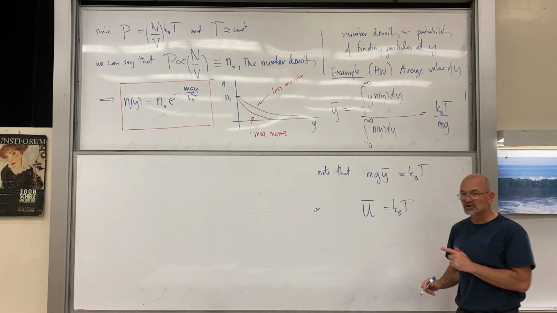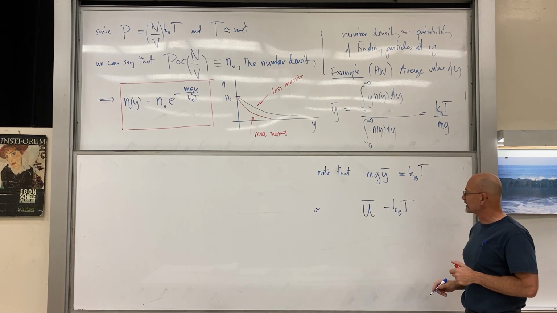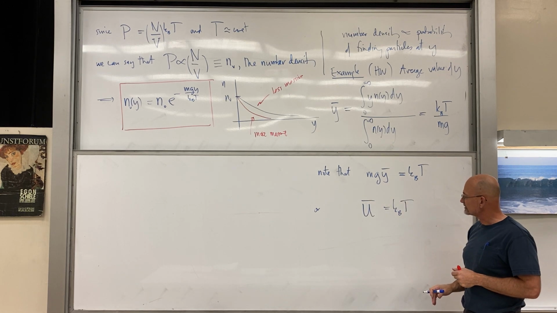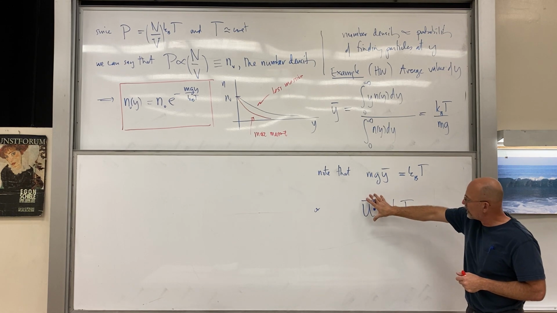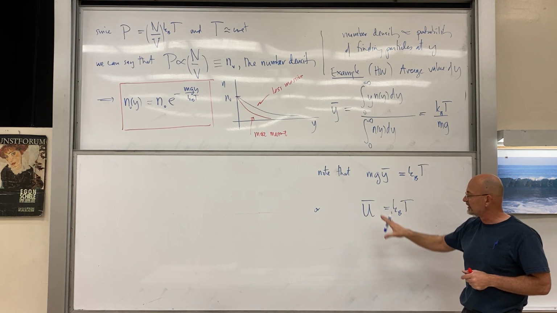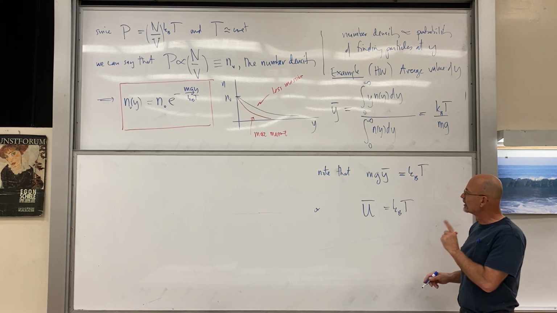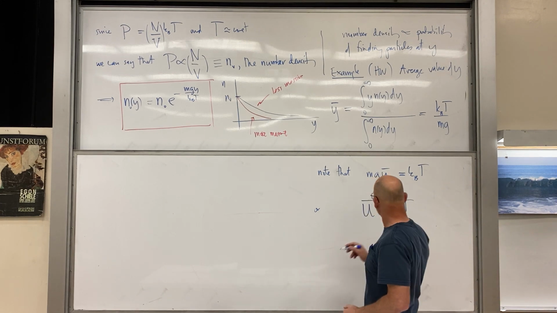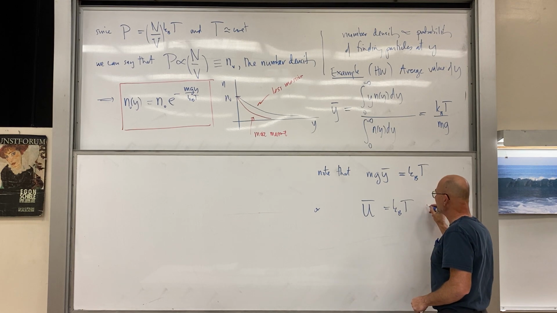So this is actually a principle of statistical mechanics, that any average energy component is proportional to k Boltzmann temperature in statistical mechanics. So that is going to bring us to the Boltzmann distribution. So let me go ahead and just write this.